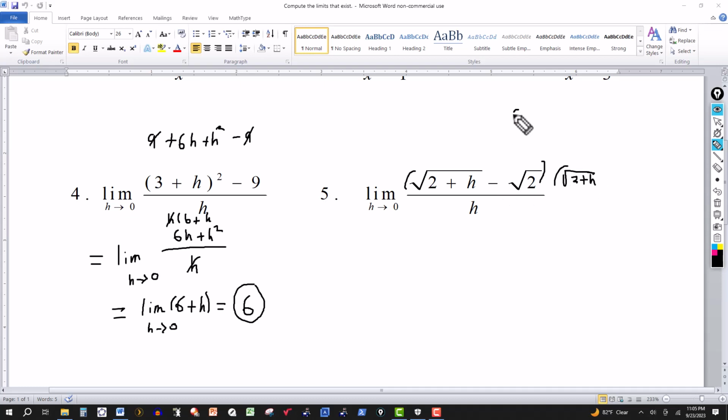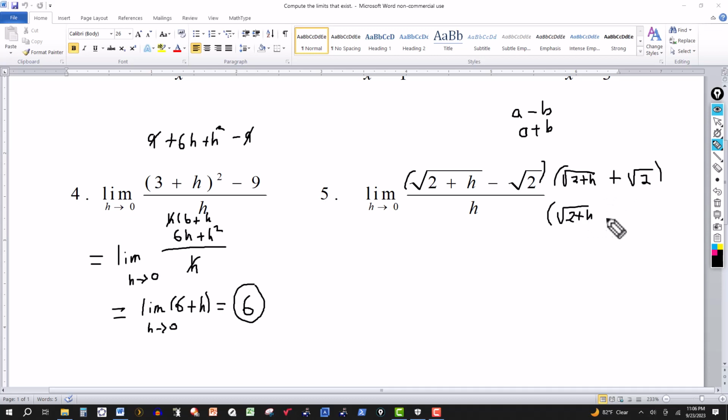This is a minus b, and if I look at a plus b, all I'm doing is taking the opposite sign. Same two terms, a and b, but with a plus. That's the conjugate. So in this case, I have a minus, so I'll make this a plus here. I'm multiplying the numerator and denominator by the conjugate of what I have in the numerator, and that's legal because all I'm really doing is multiplying by 1.